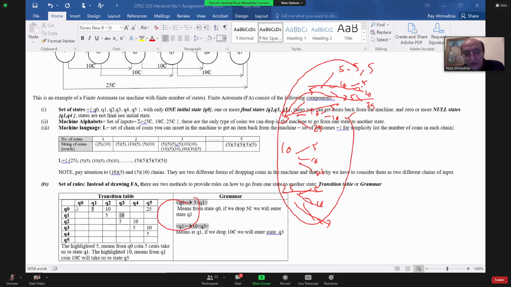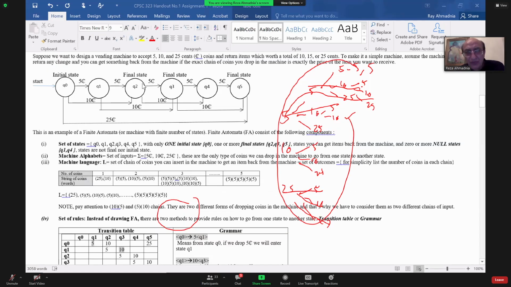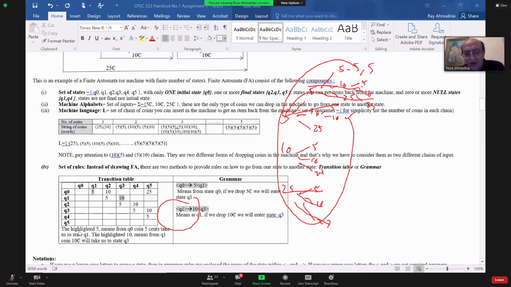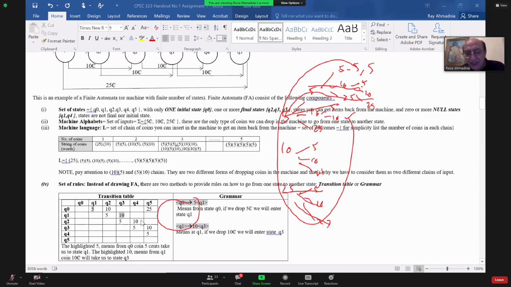So Q0 is the initial state, and Q2, Q3, and Q5 are final states here. You have to write this information after your table. It is called a transition table. So all the information you see here is summarized in this table.